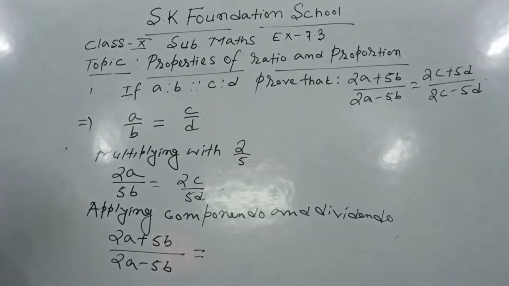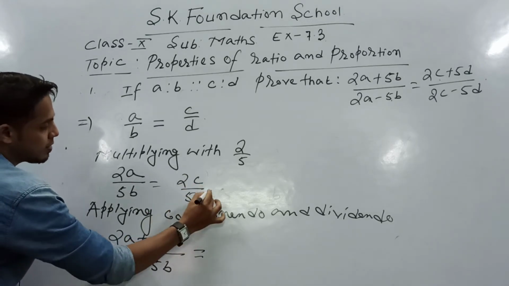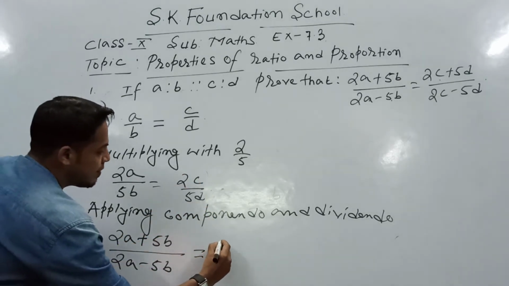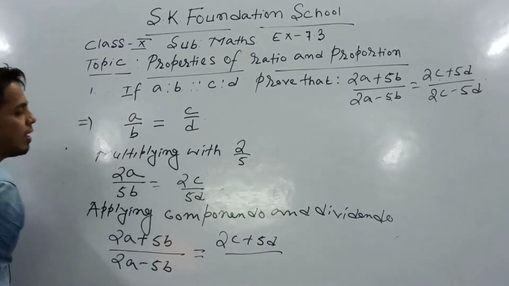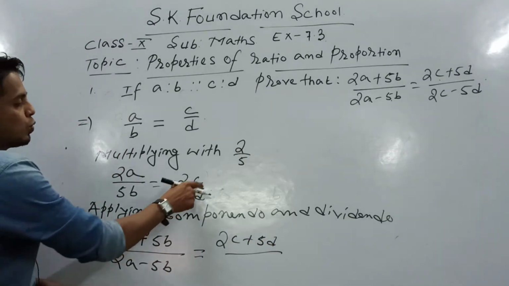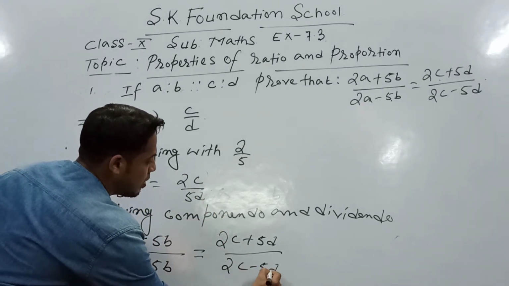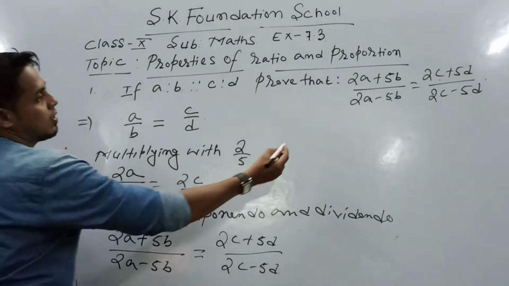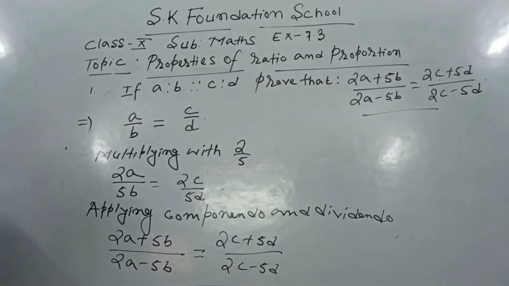And on the right hand side, in the numerator portion, 2C plus 5D, and in the denominator portion 2C minus 5D. Okay, so look at here, this and this are the same, so proved.